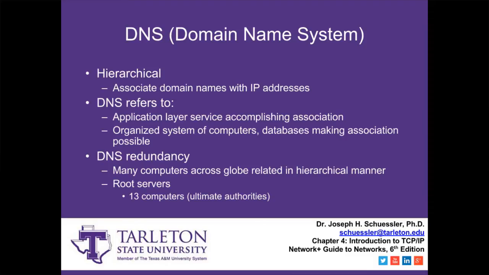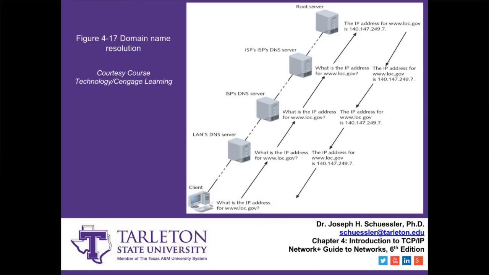There has to be more than one computer sharing this information. So there are 23 root servers, and they start to disseminate different domain name information and associated IP addresses down this hierarchical structure. We've got a slide here in just a second that will hopefully illustrate this process a little bit more.